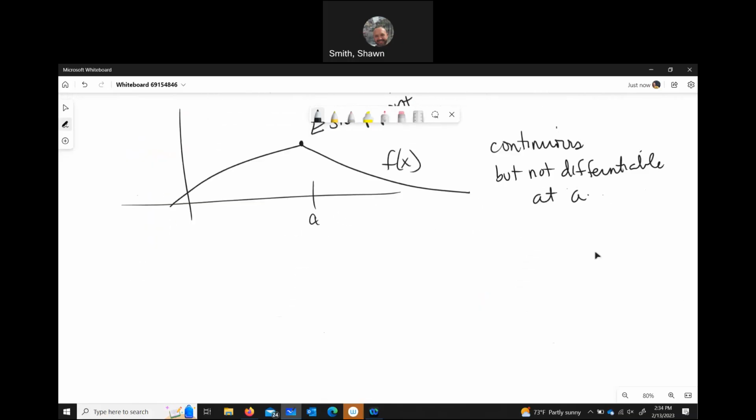And there's one other place where f has a vertical tangent line.